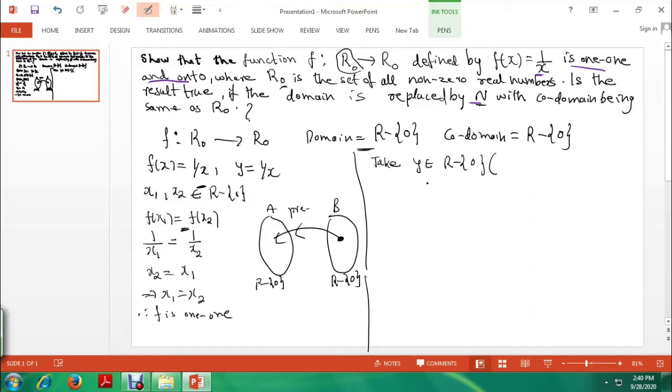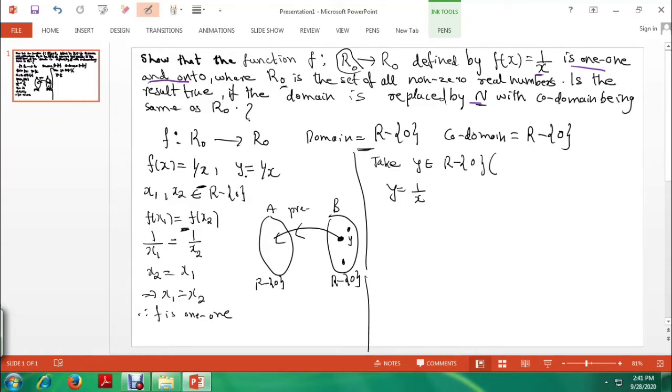Okay, now see, y belongs to R. I am taking any one general element. Okay, here suppose y. So infinitely many elements are there. I am taking one general element. That may be rational number or irrational number or natural number, because here real numbers are there, right? Okay, take that y from the codomain. Okay, then see, we know y is equal to 1 by x. You defined, right? F of x is equal to that image in the form 1 by x.